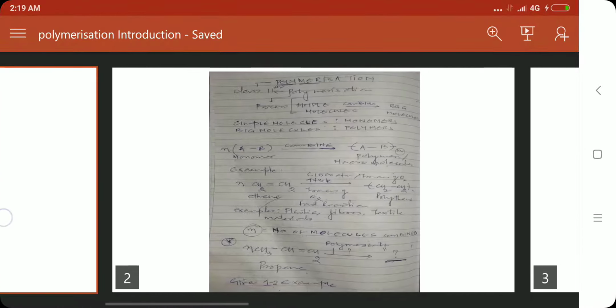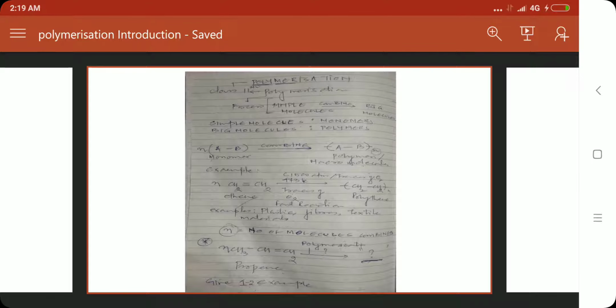So next, before going into the details, we are going to discuss the word polymer itself. What is polymerization? We have already discussed that the polymerization reaction is also called the chain growth reaction, right? No, sorry, step growth reaction.